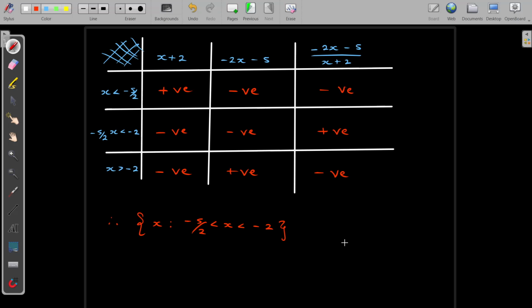I think we've covered everything that pertains to modulus inequality.